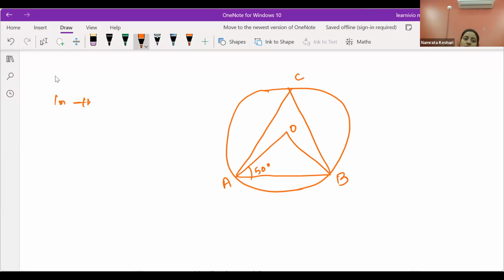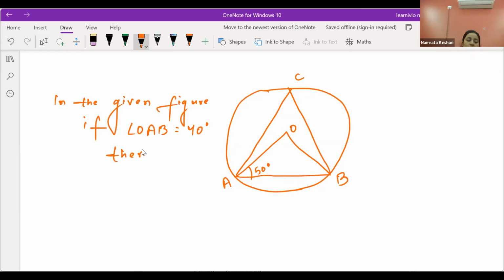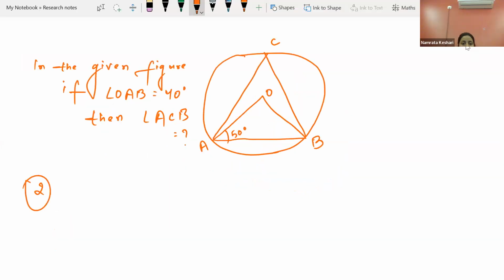And the question says, in the given figure, if angle OAB is 40 degree, then angle ACB is what? Ma'am, AOB or OAB? OAB. Wait, in the diagram it's 50 degree. Just a second. It says 40 and here it is written 50. No, it is 40.